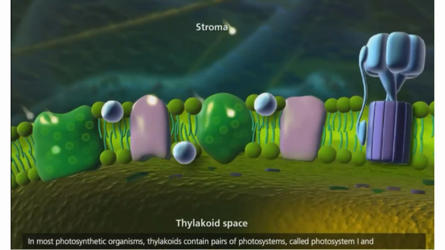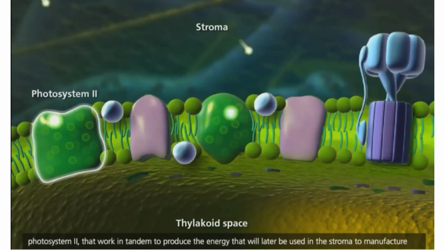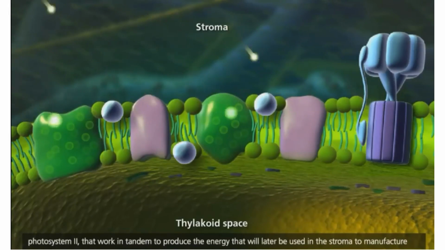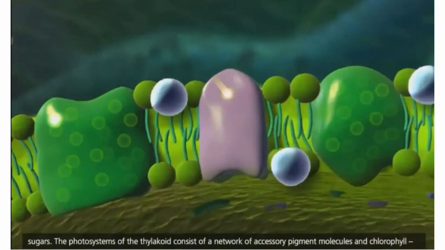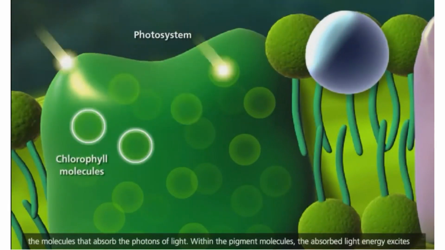In most photosynthetic organisms, thylakoids contain pairs of photosystems, called photosystem 1 and photosystem 2, that work in tandem to produce the energy that will later be used in the stroma to manufacture sugars. The photosystems of the thylakoid consist of a network of accessory pigment molecules and chlorophyll, the molecules that absorb the photons of light.